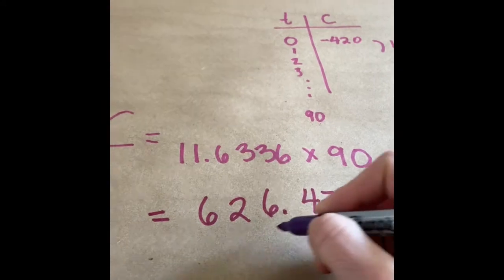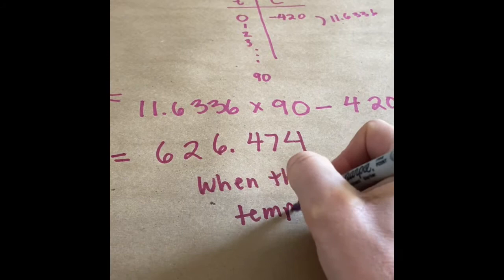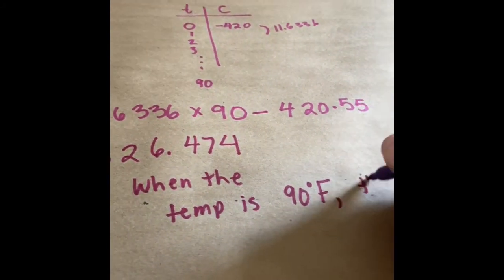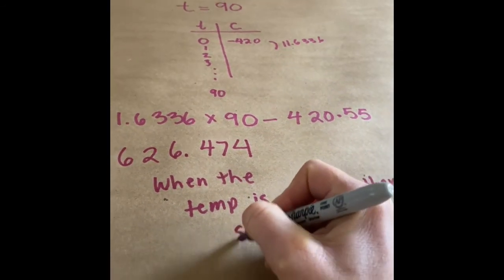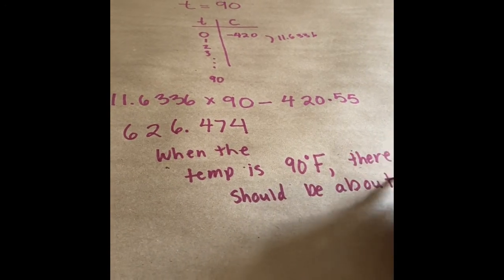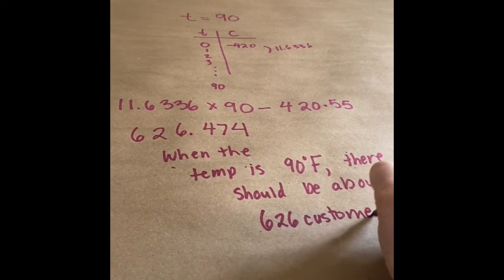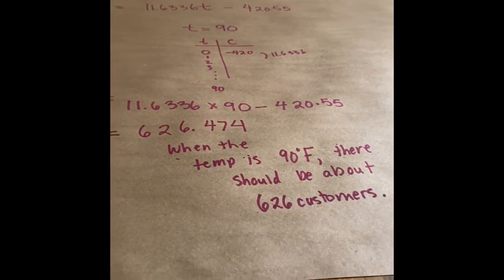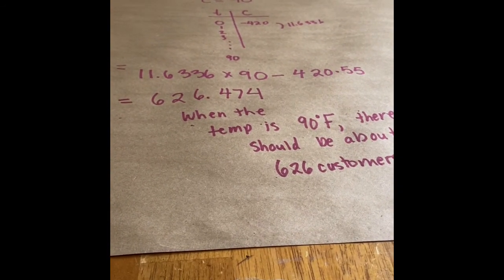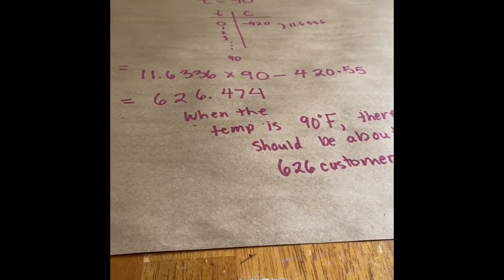That means when the temperature is 90 degrees, remember it was Fahrenheit, there should be about 626 customers. If my algebra or my equation would have given me something different than the graph, then I would have realized I made a mistake somewhere, because the equation and the graph both should relate to each other and they should give you the same answer.